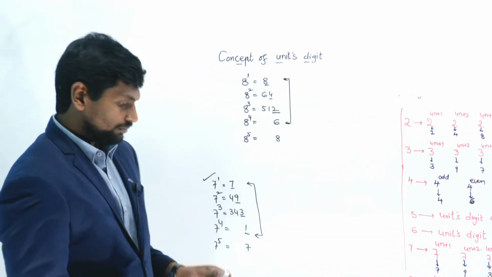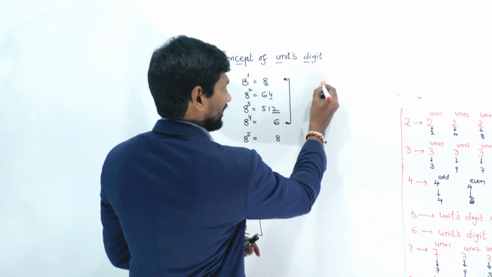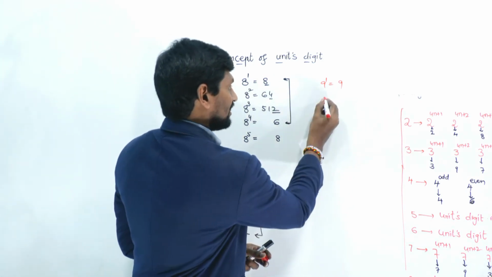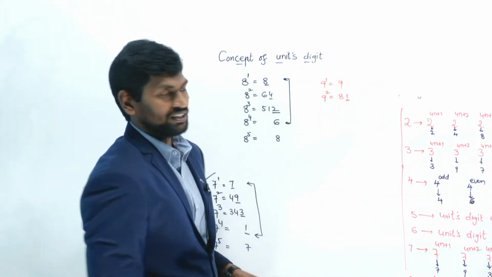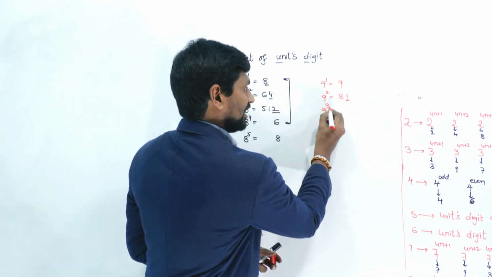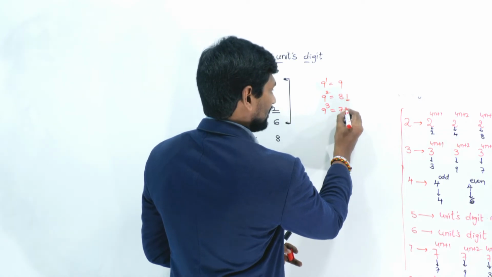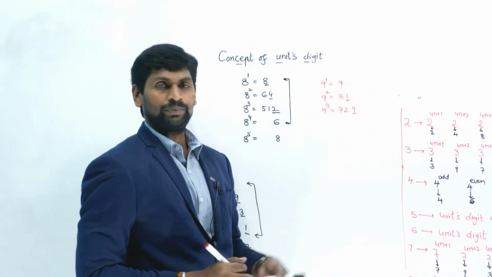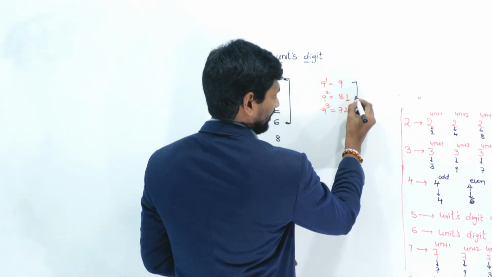Yeah, 9. What about 9? 9 power 1 ends with the digit 9. 9 square is 81, ends with the digit 1. 9 cube ends with the digit 9 again. So while you are observing here, 9 is repeating for every 2 terms.